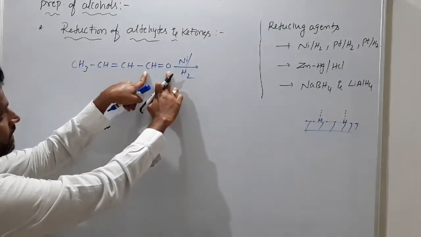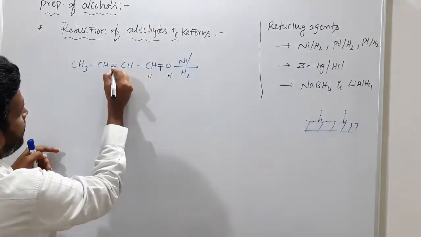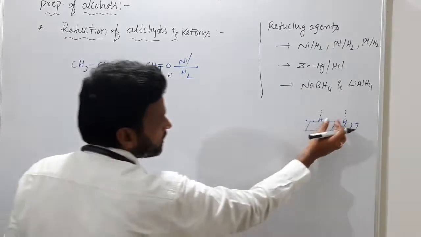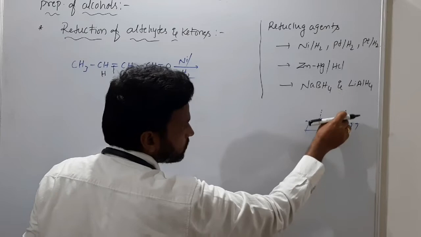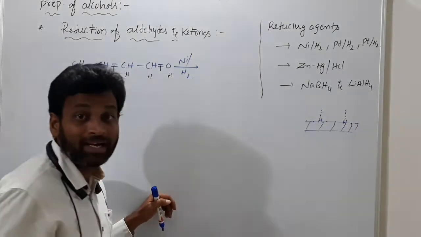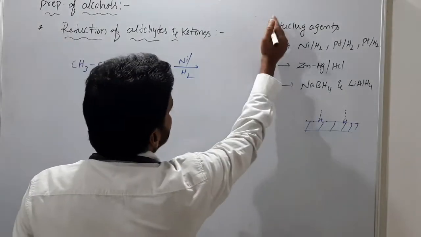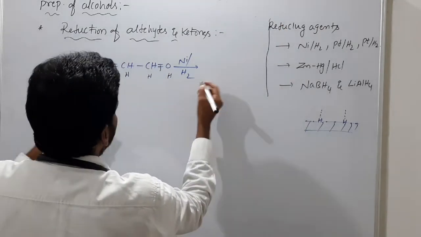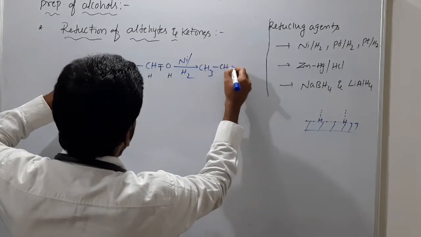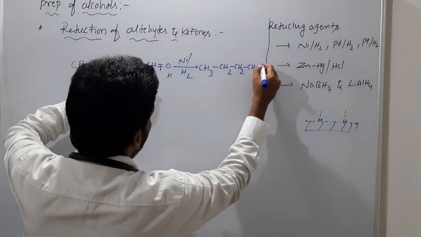Here one H2 molecule will add by breaking the pi bond, and here one H2 molecule will add as two hydrogens, because that hydrogen gas is adsorbed on the surface of nickel. That is called the adsorption process. Now, what is the final product here? The final product is CH3, CH2, CH2 and CH2OH.